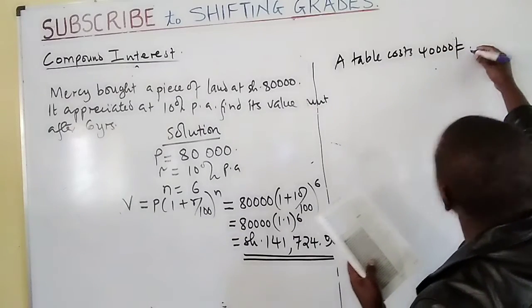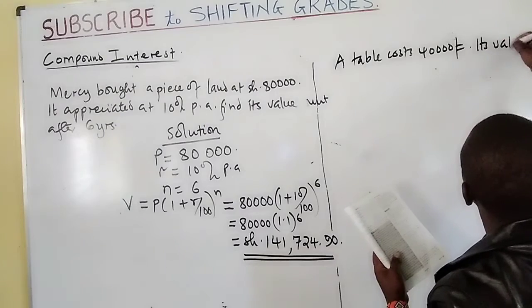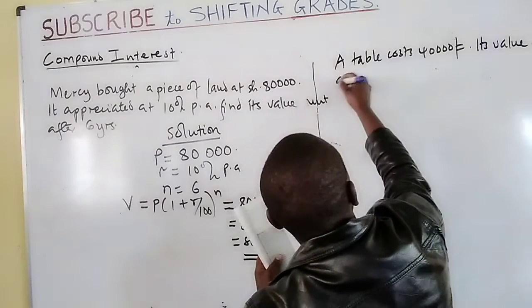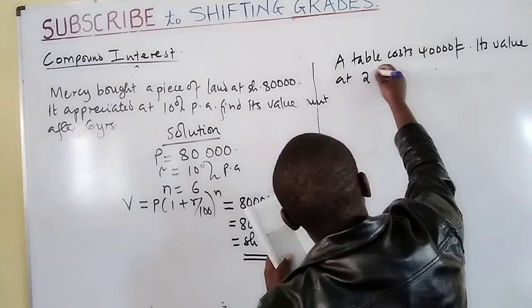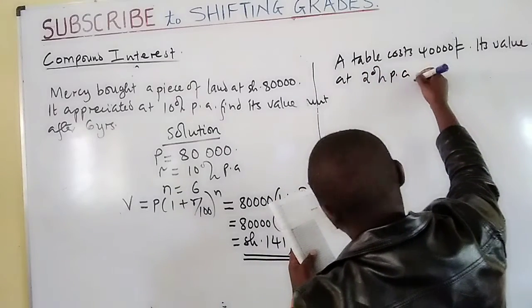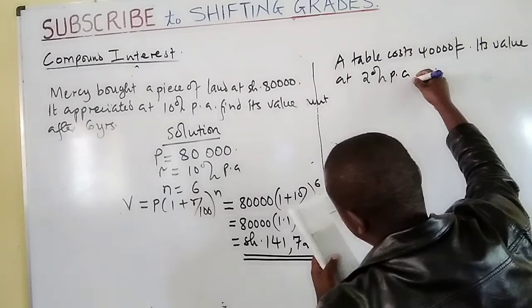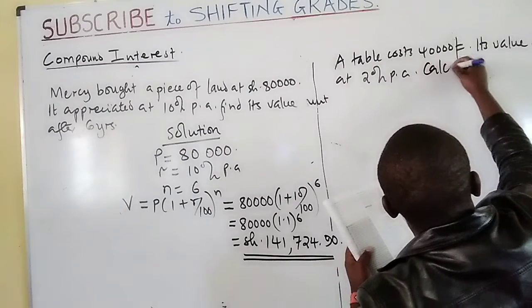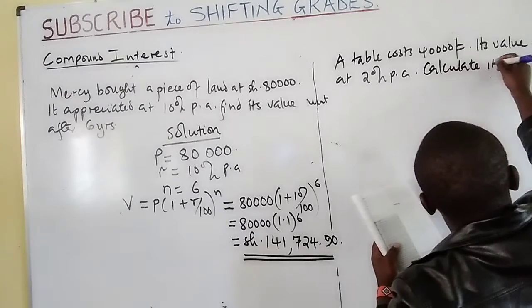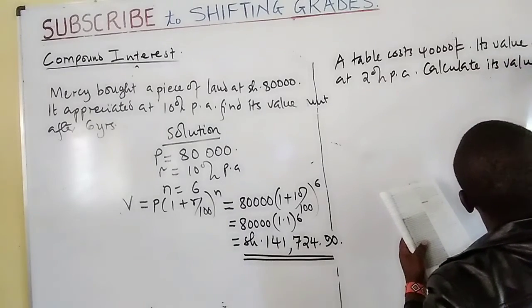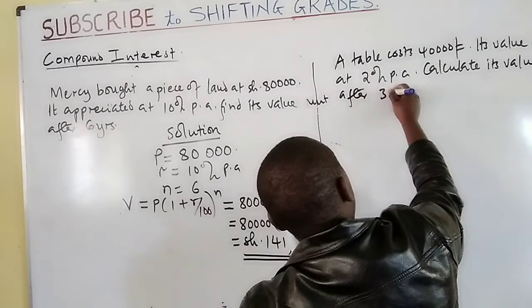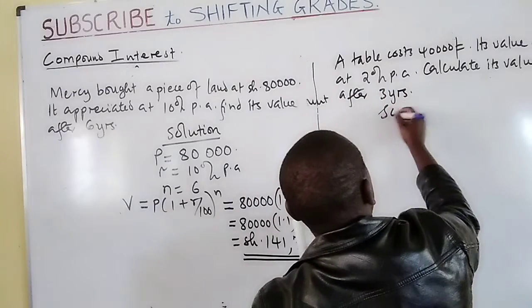Its value depreciates at the rate of 2% per annum. Calculate its value after 3 years.